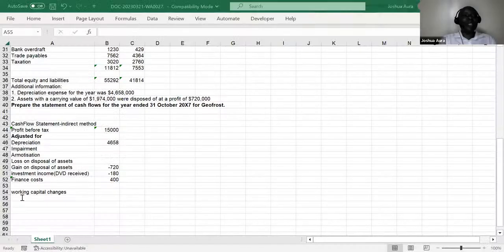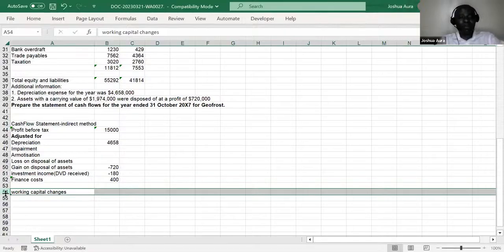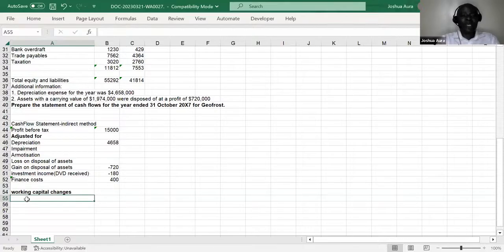So whenever we talk of working capital changes, I'll come and put this in bold, Control B, and then write working capital changes. I know it as rest in peace, RIP. When you are doing it in Excel very fast, the first R is receivables, so write that first.